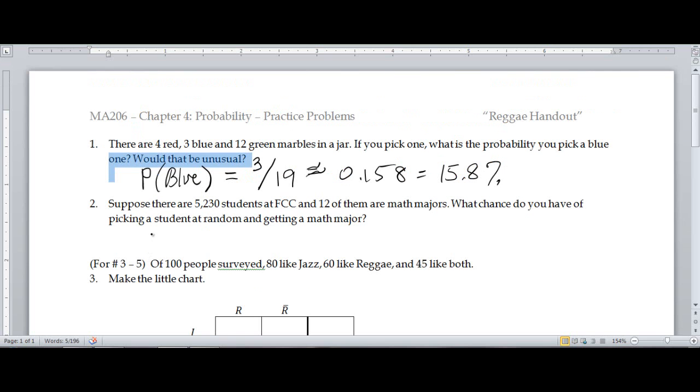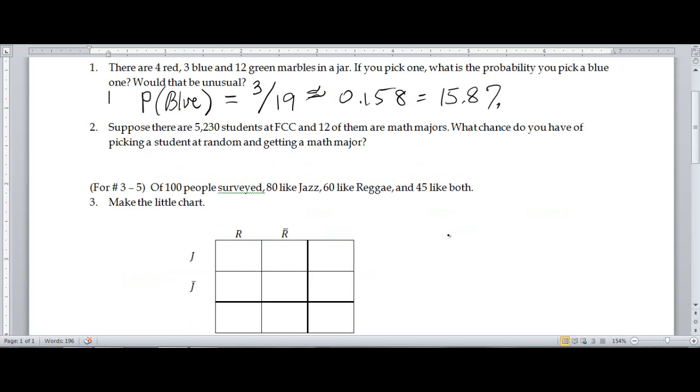Suppose there are 5,230 students at FCC and 12 of them are math majors. What chance do you have of picking a student at random and getting a math major?